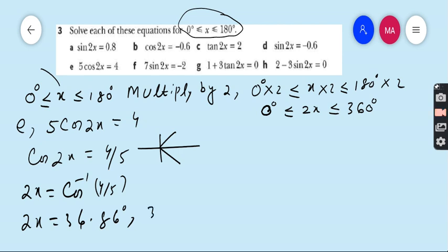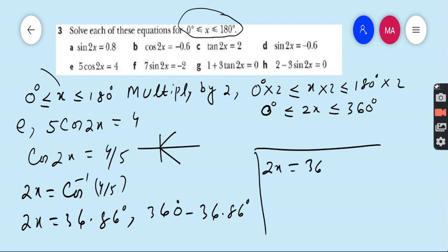And for fourth quadrant, we should subtract this value from 360. 360 minus 36.86 is 323.14. And now we should divide both the values by 2.